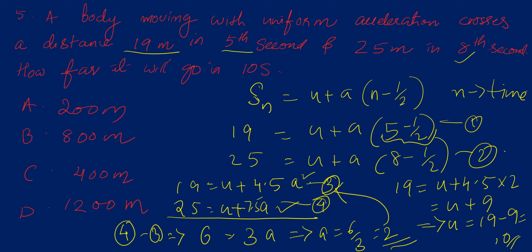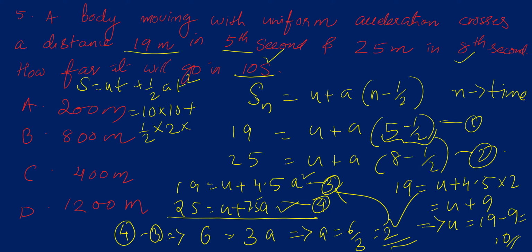The distance equation is S equals ut plus half at square. Here u is 10, time is 10, plus half, a is 2, and time is 10 square. So when you calculate, you will get 100 plus 100, that is 200. So option A is the correct one.